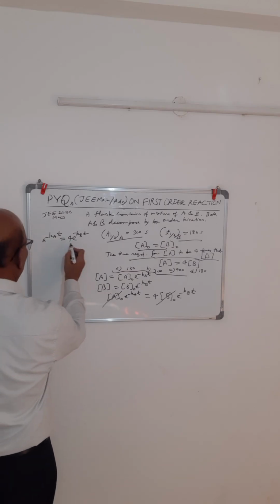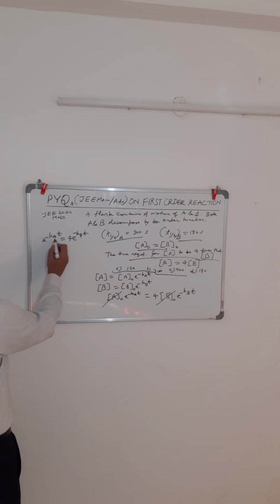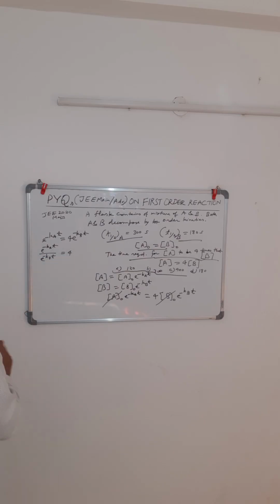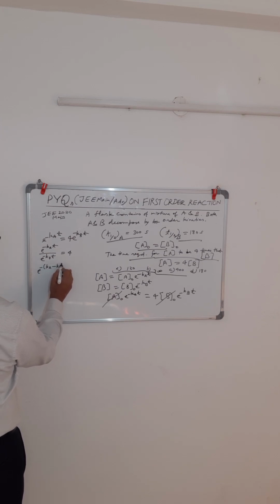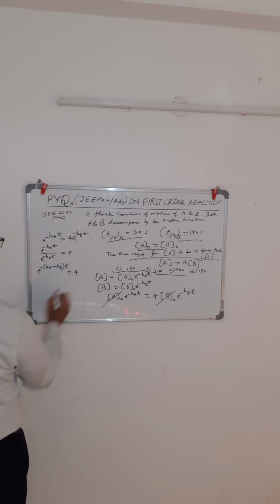So we will divide this equation, and we will get e raised to the power minus kAT upon e raised to the power minus kBT equal to 4. This we can write as e raised to the power kB minus kA, into T, equal to 4.